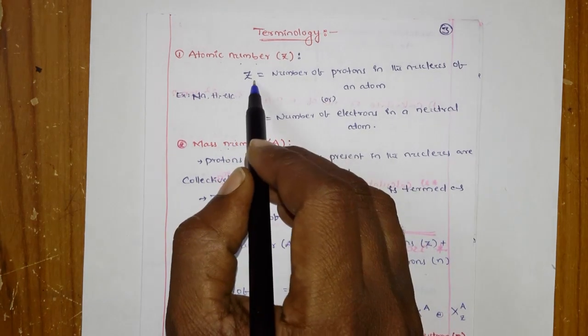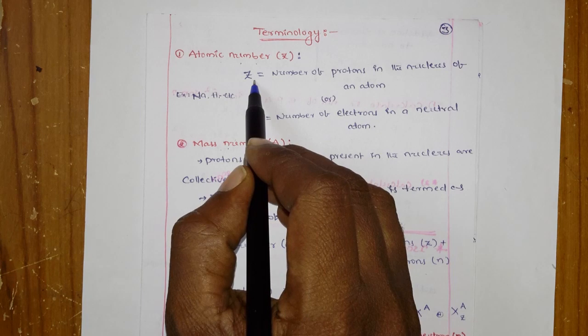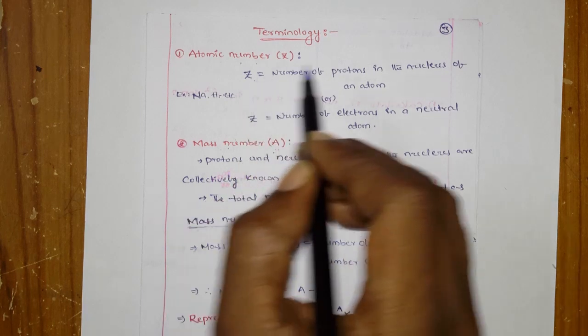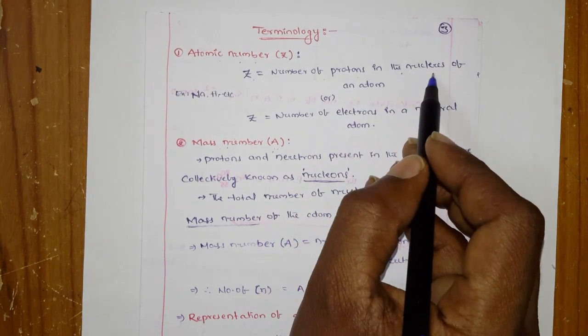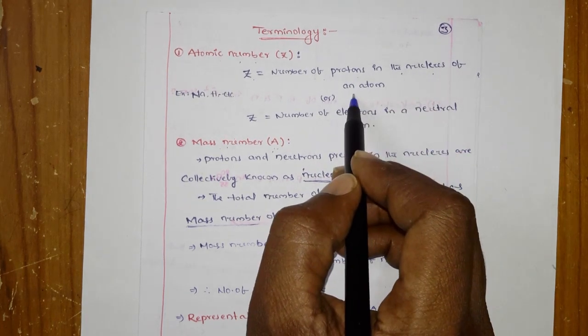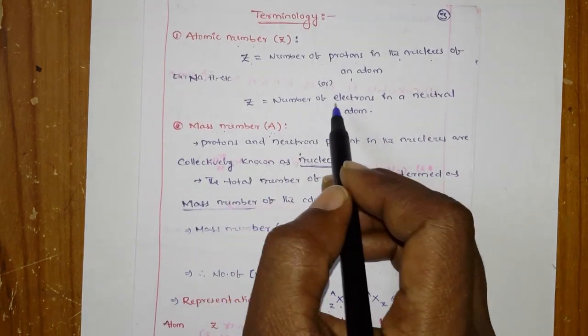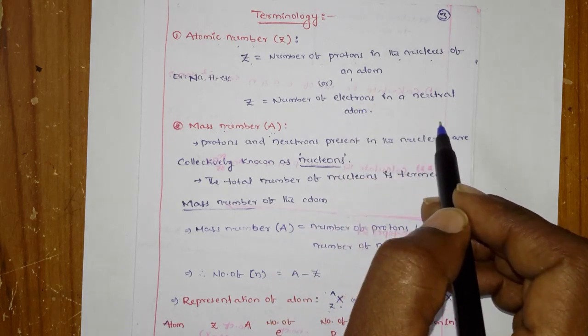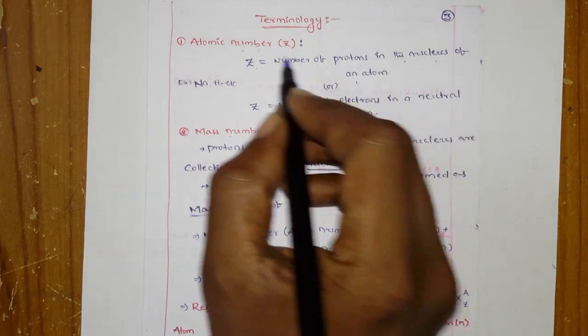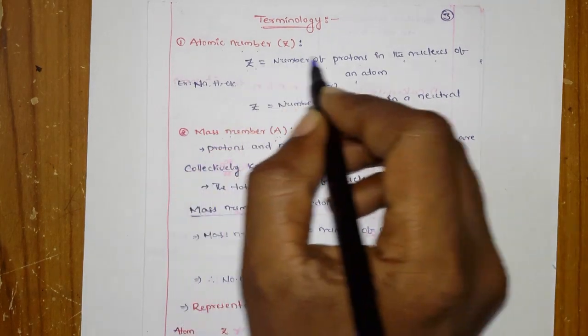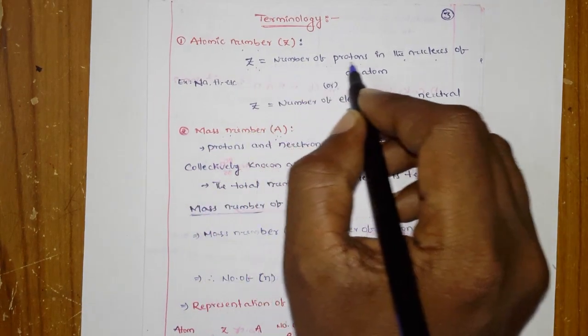So what is Z? Z is equal to the number of protons in the nucleus of an atom, or it is equal to the number of electrons in a neutral atom. But most of them go with the number of protons.